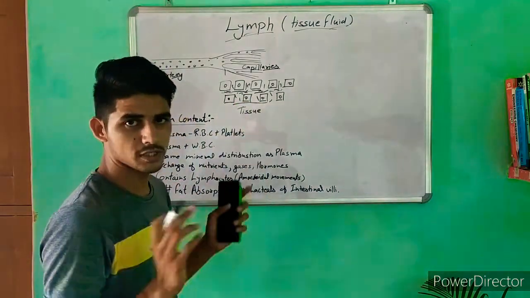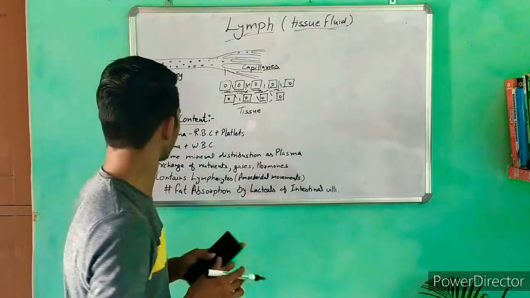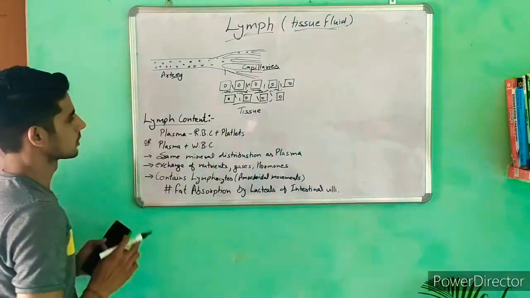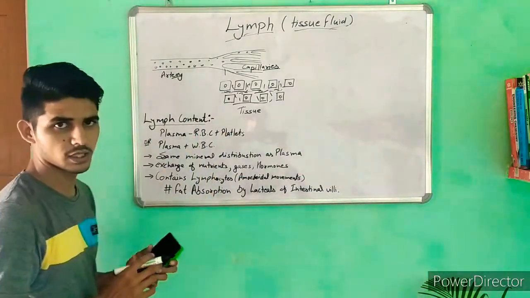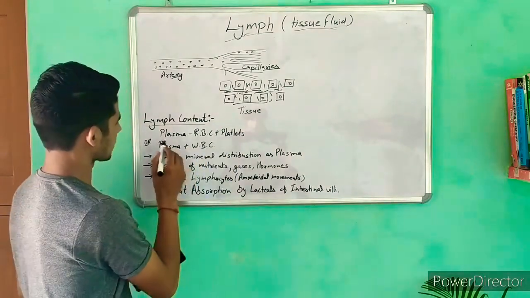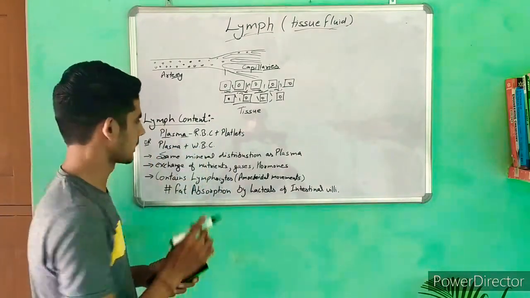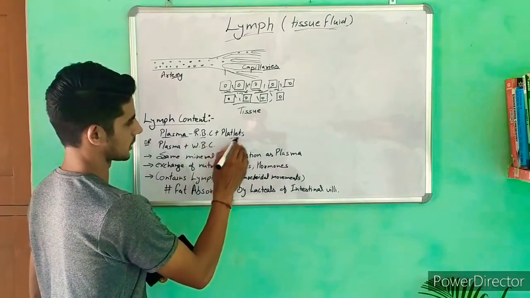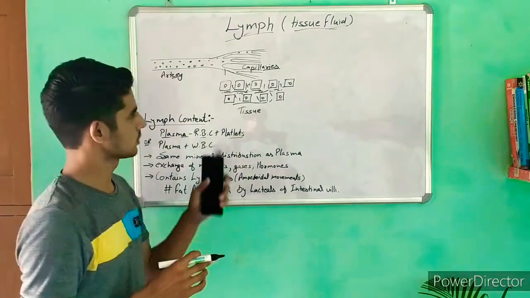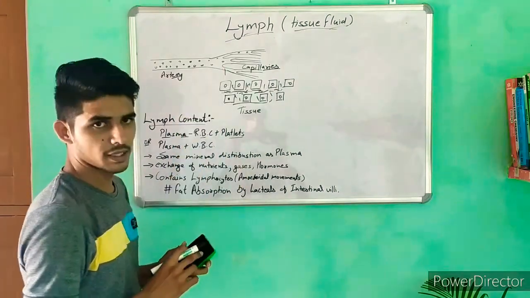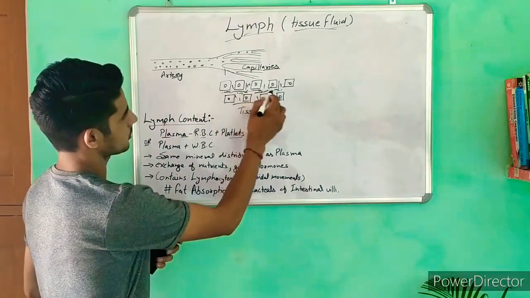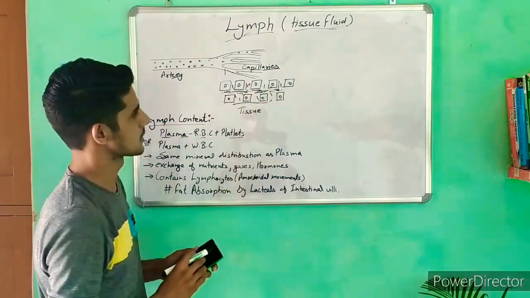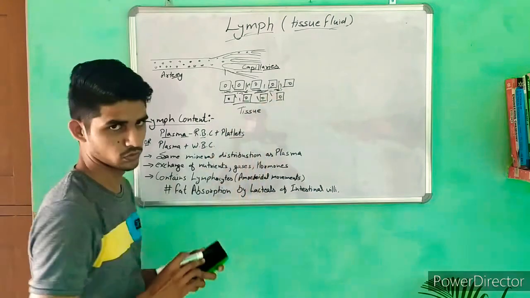So, what is lymph and its content? The content of lymph is plasma minus RBC plus platelets. All the plasma content and mineral composition is the same as the plasma in the tissue fluid.